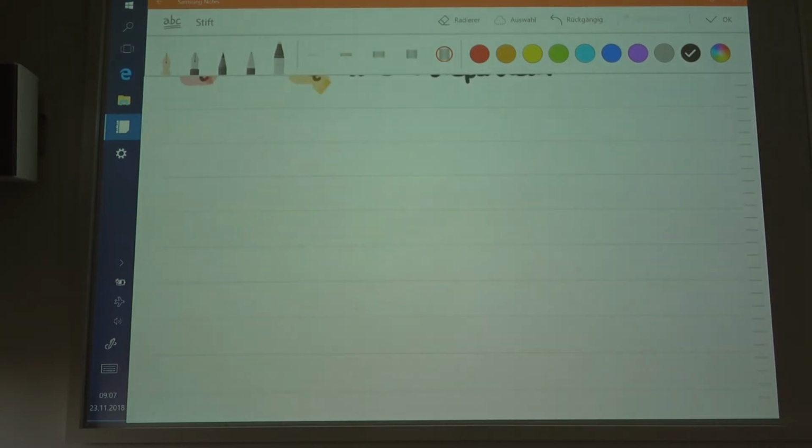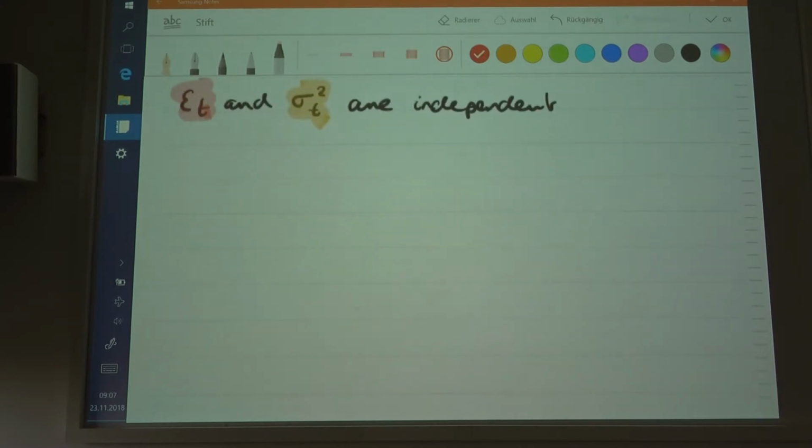Now I'm going to summarize a certain property that this process has, and we'll have the following remark. Let's consider that we have such a process with these properties.